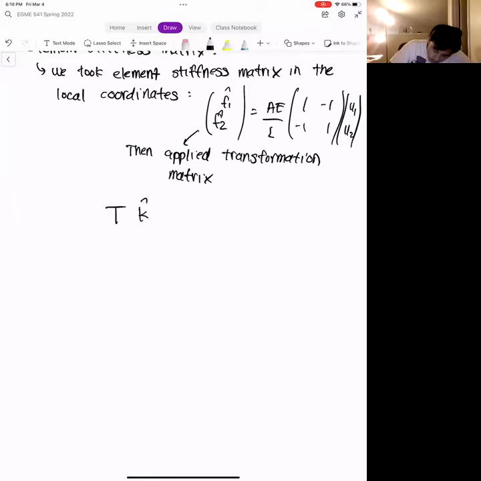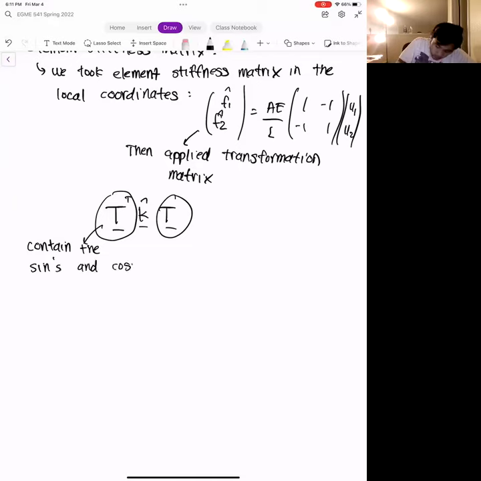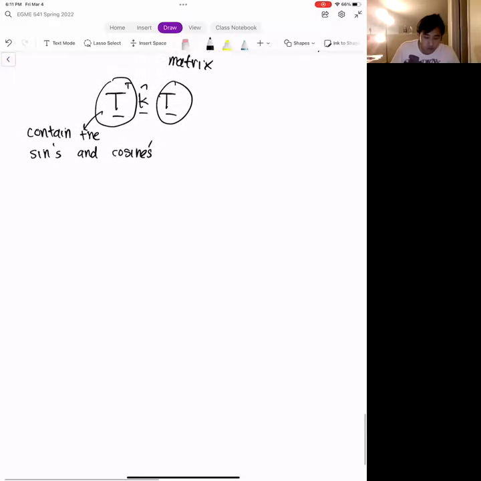I think this one's transpose. Yeah. And so we made a transformation sandwich. All the sines and cosines that you see in the element stiffness matrix for 2D truss come from these transformation matrices. And if we follow that process, we end up with the following element stiffness matrix.